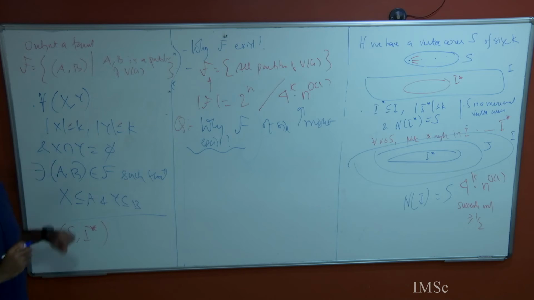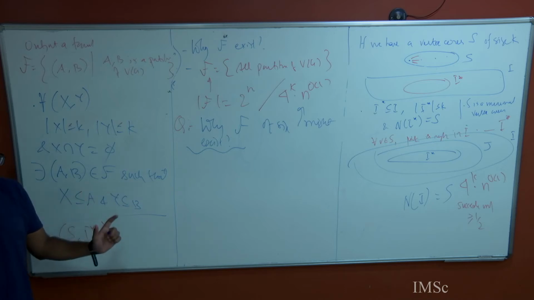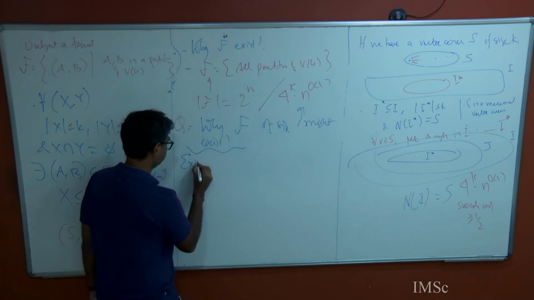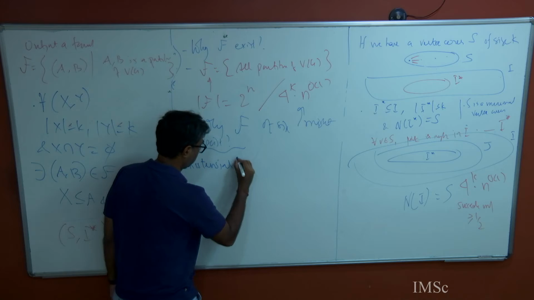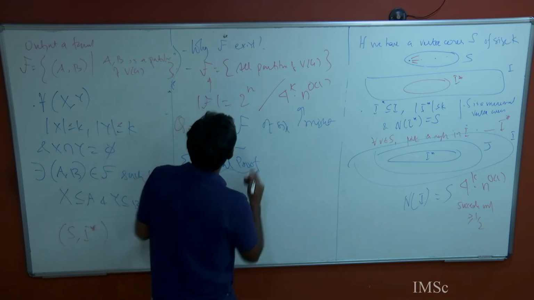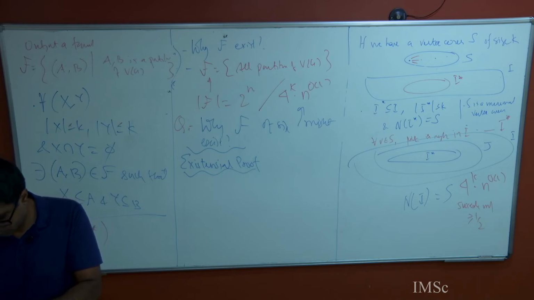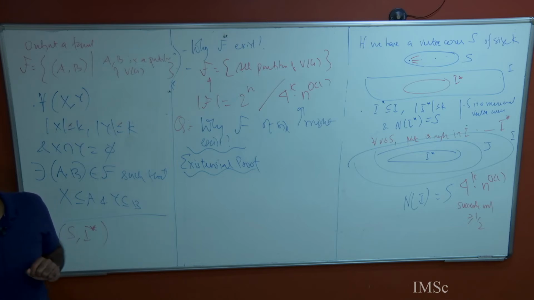I construct this F greedily. It's not an algorithm, I'm just giving an existential proof. Let me first show to you that such a small family exists. Is that fine?